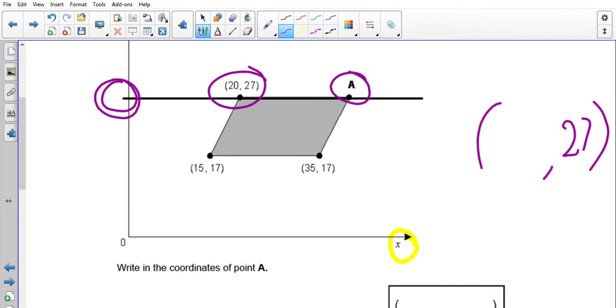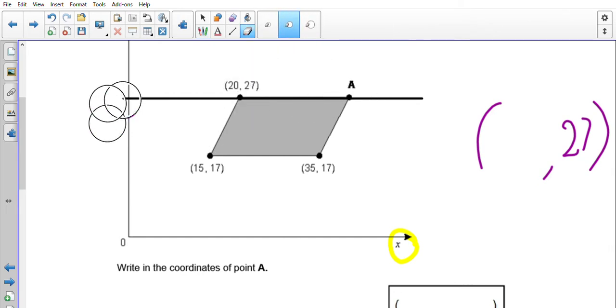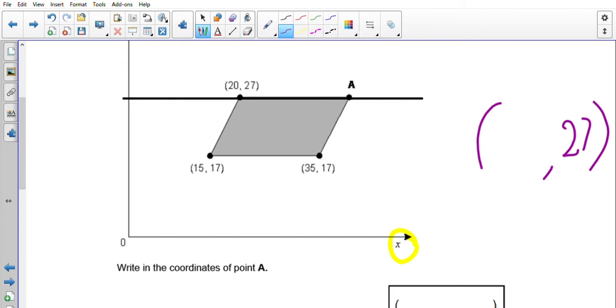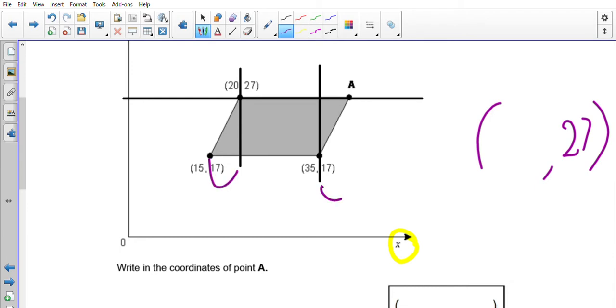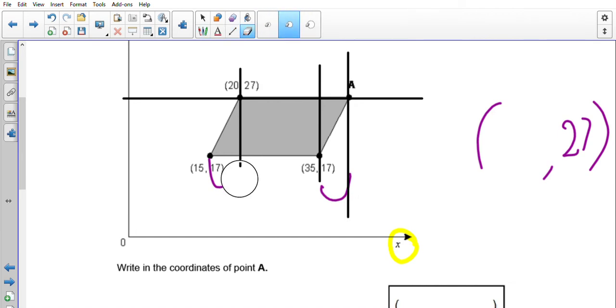Now for the next bit, I'm going to need to do a little bit of thinking. What I need to realise with this one is that in the same way that a kite has certain properties, this parallelogram does as well. The reason I put these lines on here is because the distance from this point to this point is going to be the same as the distance from this point to this point. Now all I need to do is inspect my x coordinates at this point here.